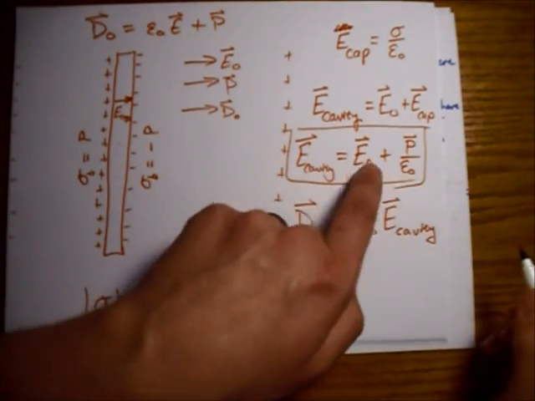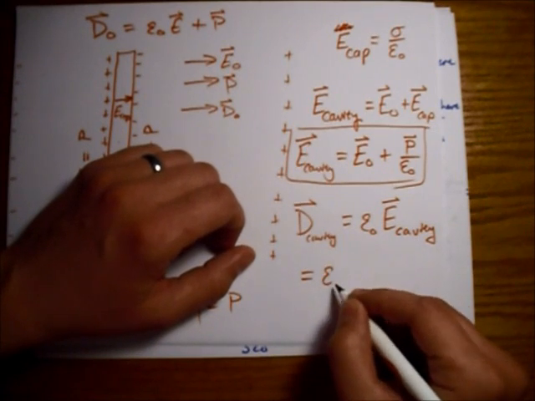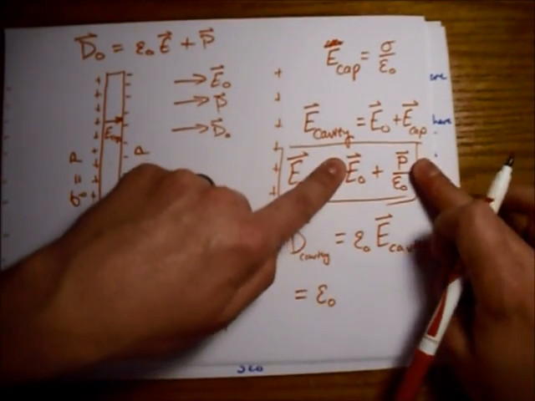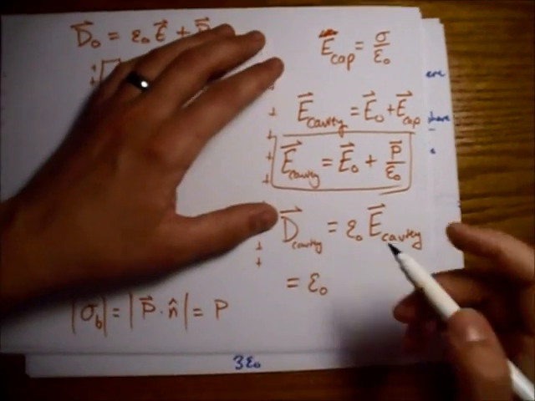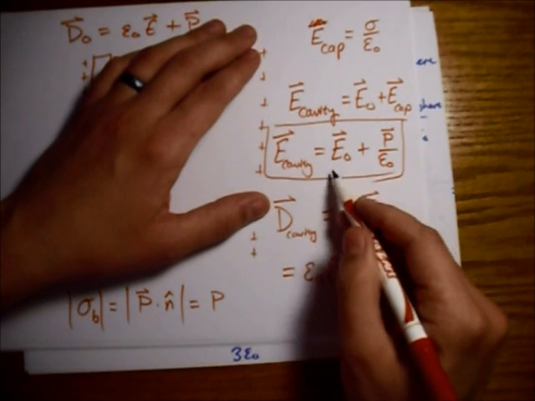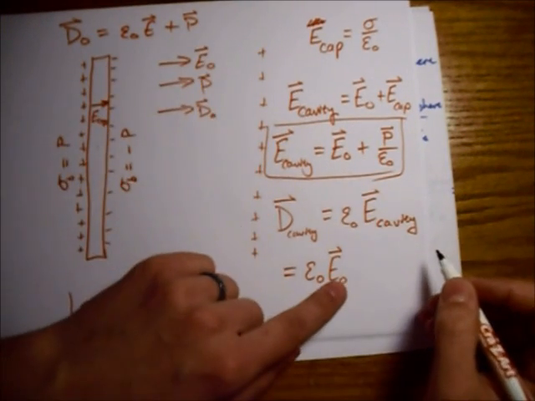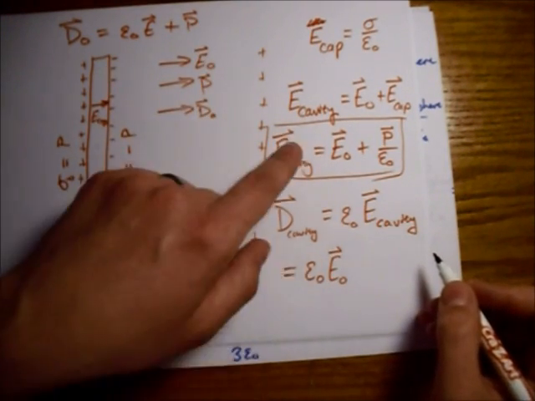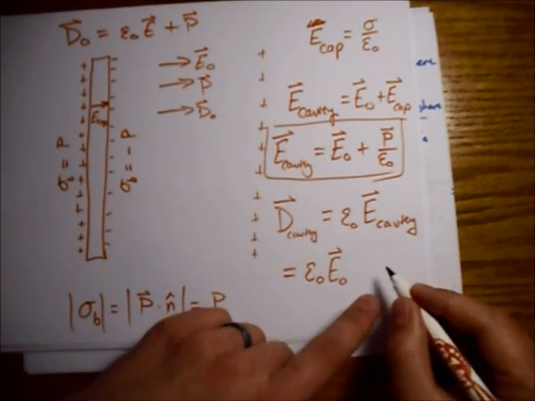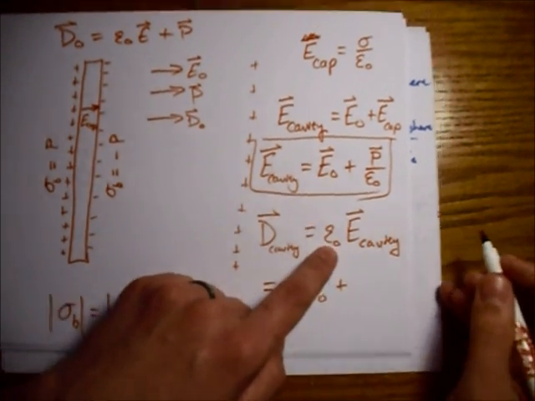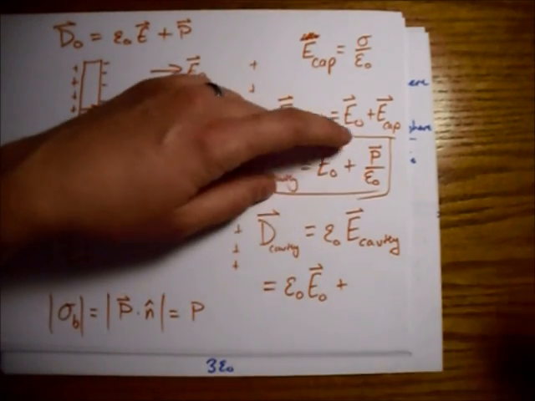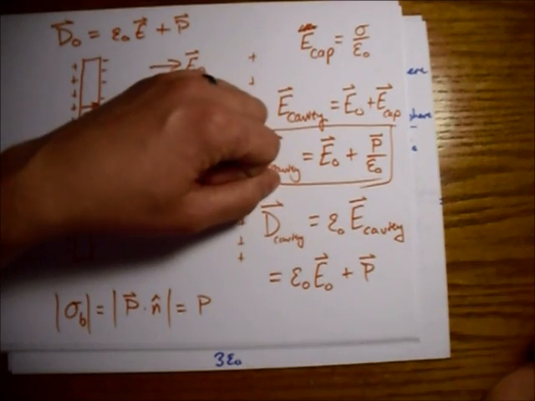So plugging in our E cavity, we're just taking this and plugging it in here. We get a permittivity of free space multiplied by E naught plus the permittivity of free space multiplied by the polarization over the permittivity of free space, which just gives us the polarization.